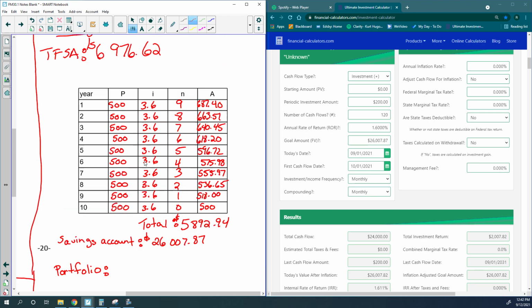So now to do the total for the portfolio, we're going to add these three things together. We've got $6,976.62 plus the bonds, which is $5,892.94, plus the $26,007.87.